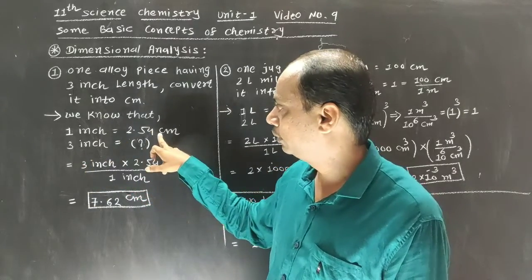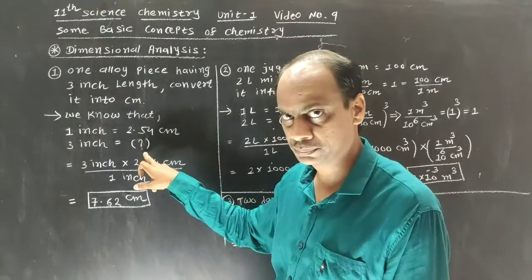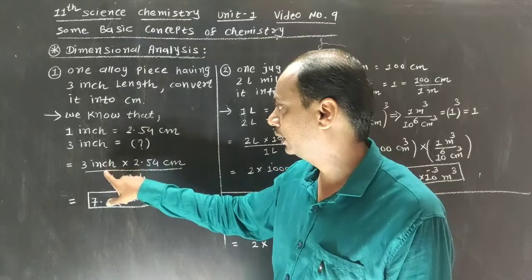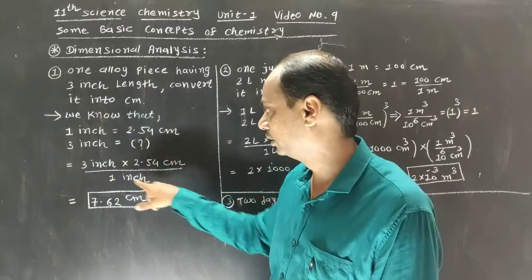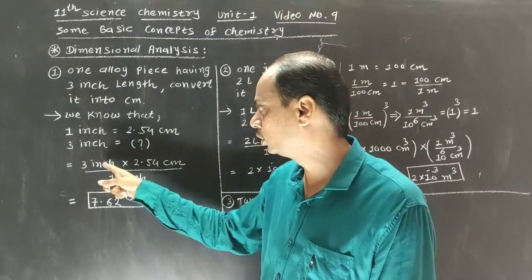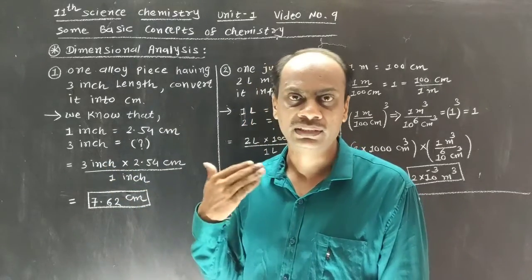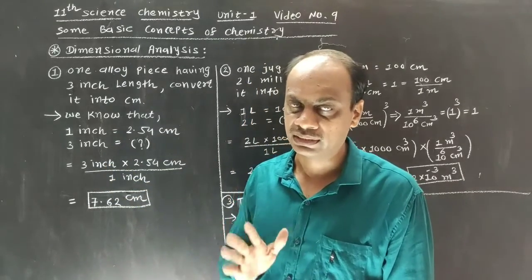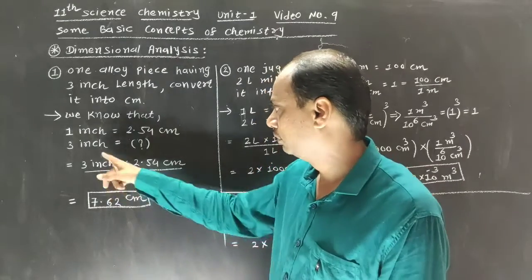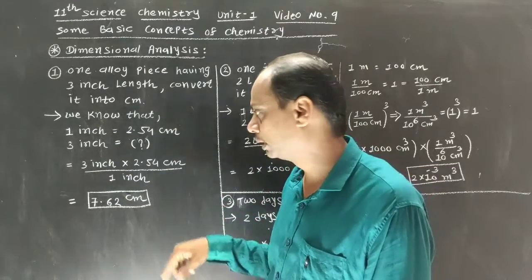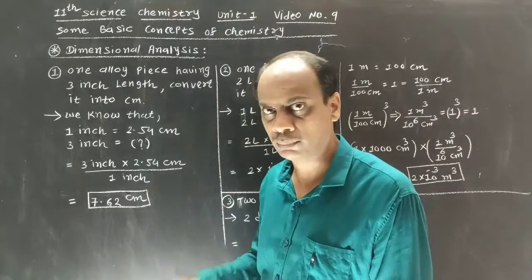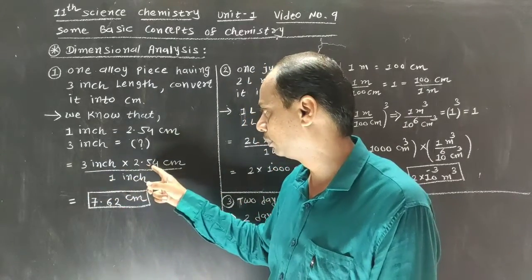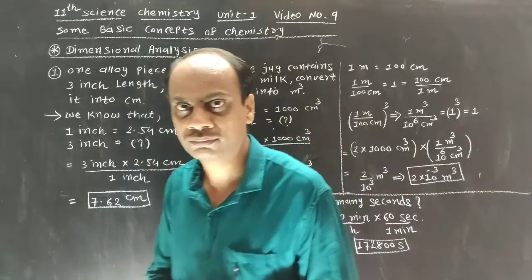It is a cross multiplication: 3 inch into 2.54 centimeter divided by 1 inch. Here both the units are the same, one as a denominator and one as a numerator, so we cancel out both of them, and the unit of our answer is centimeter. You just have to multiply both of these.